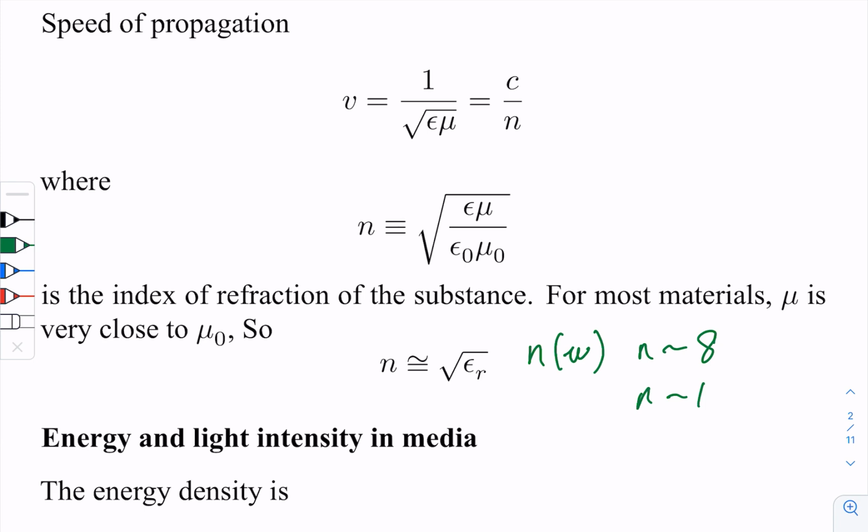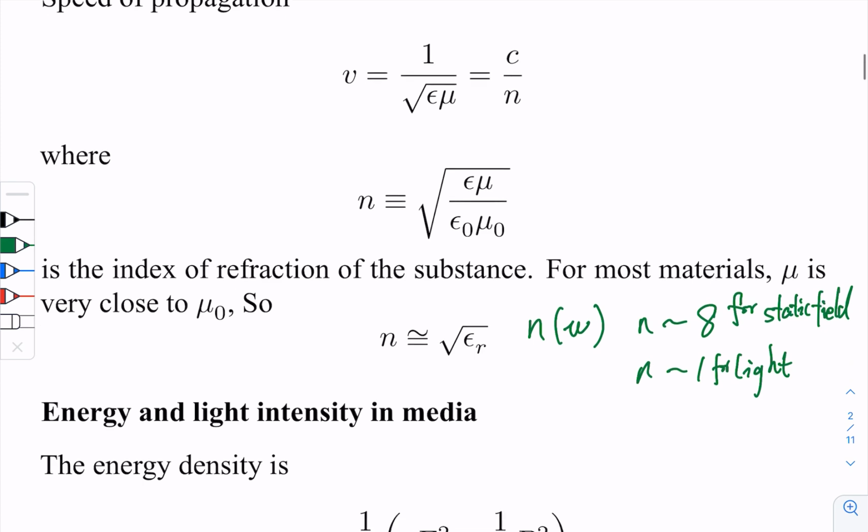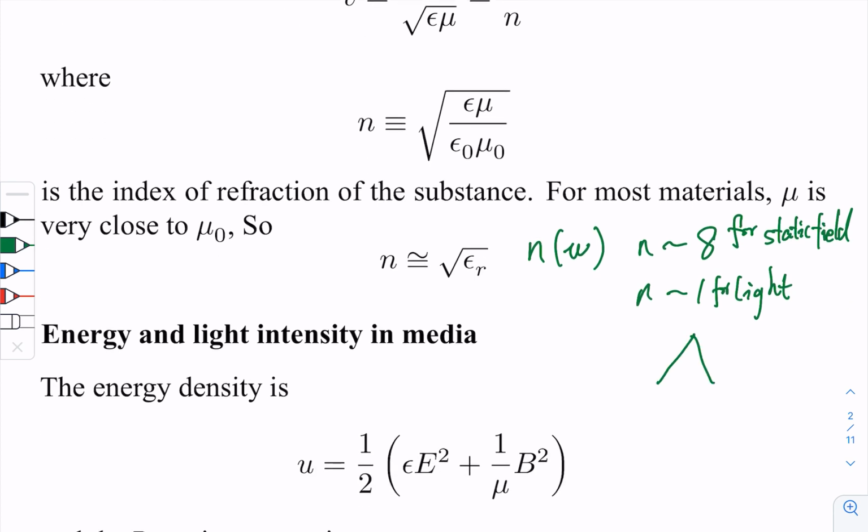So the susceptibility could depend on the frequency hugely, and if you are familiar with Newton's prism, that actually uses the fact that the susceptibility depends on the frequency to separate out the rainbow of light.